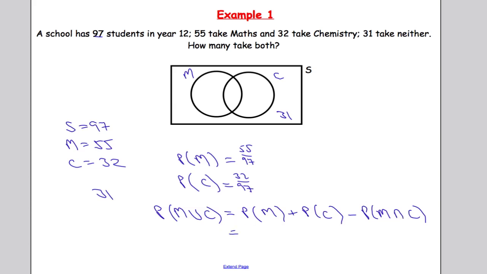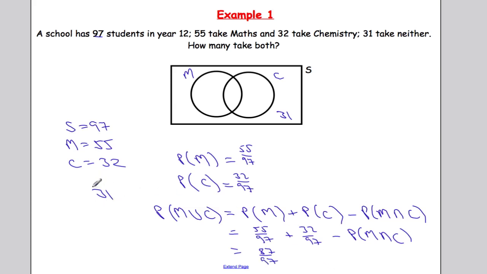So let's see what happens. Probability of M is 55 over 97. Probability of C is 32 over 97. Let's not look at M intersection C for a second. If I add the probability of M and the probability of C, I get 87 out of 97.